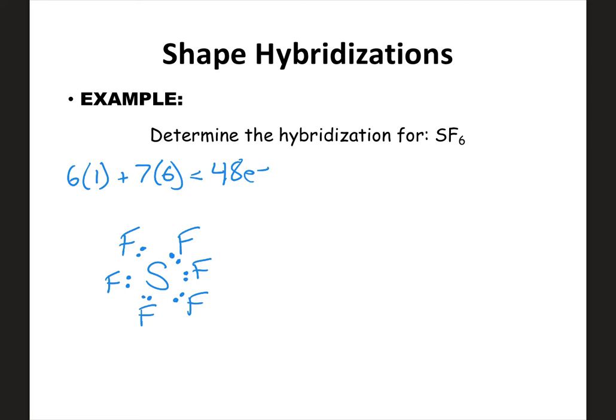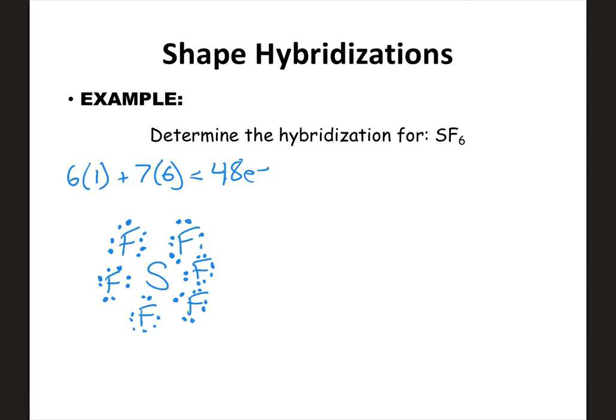But each fluorine only has 2, so each fluorine needs 6 more valence electrons. So I'm going to make every fluorine happy. Remember, if you're wrong, you'll figure it out in a second. It's very easy here to mix up which electrons go with which, so be very careful. I gave each fluorine the number of electrons it needs.